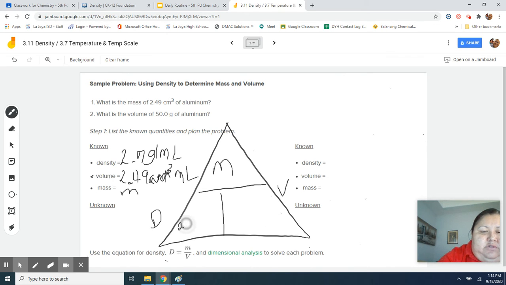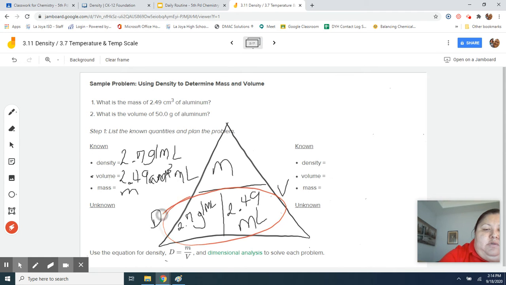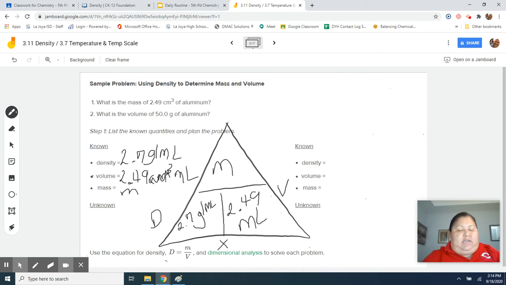Density, 2.7 grams per milliliter. Volume, 2.49 milliliters, okay? Now, remember, what did we say when we have numbers on opposite sides of this vertical line? If you'll recall, that vertical line represents multiplication. So if we get our calculator again, and the normal regular calculator will do, you don't need a scientific one for this.